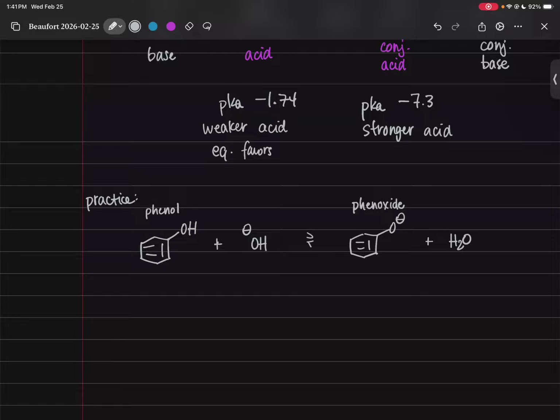Okay, phenol, is that the acid or the base? Yep, acid. So that makes the phenoxide ion the conjugate what? Base.